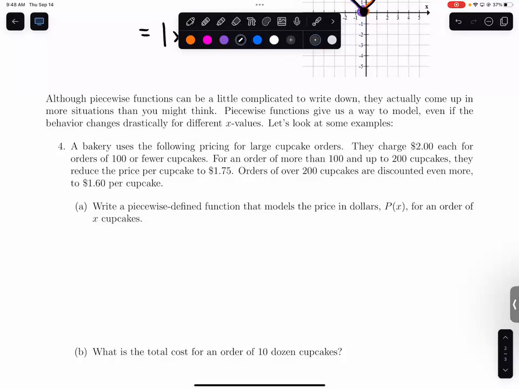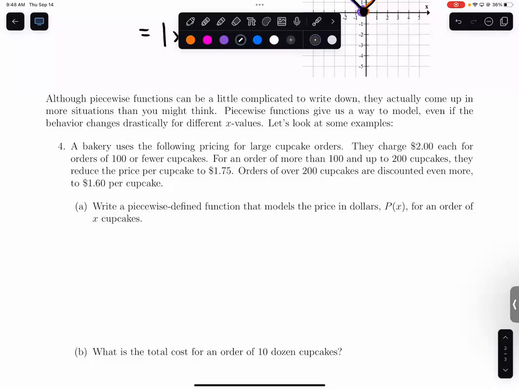Okay, so what's going on? Say that one more time. The more cupcakes you buy, the less each one costs, right? Yeah, okay. So if you buy 500, it's still going to be more expensive. They get cheaper as you buy more, right? The bakery gives you a discount.